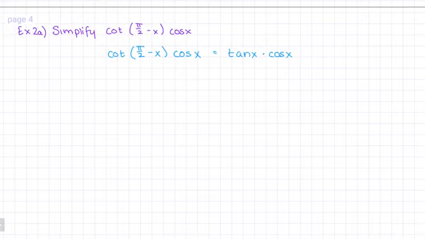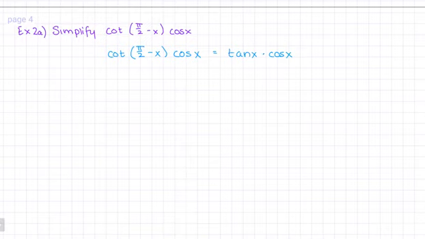So can I go further? I'm not sure. A lot of times, and this is just a strategy, and that's what tonight's homework is going to be, is giving you a lot of exposure to different strategies. A strategy that is often used is change everything to sine and cosine, because everything can be changed to sine and cosine using the quotient identities and the reciprocal identities.